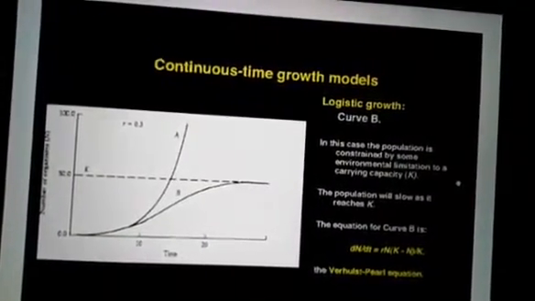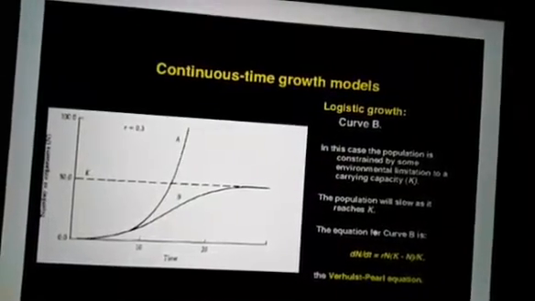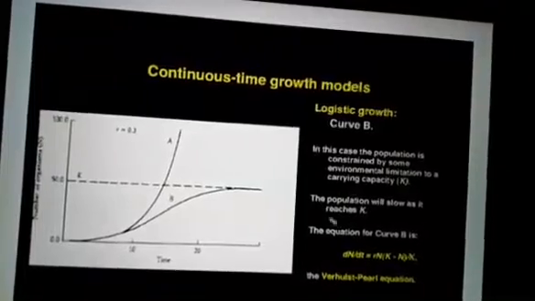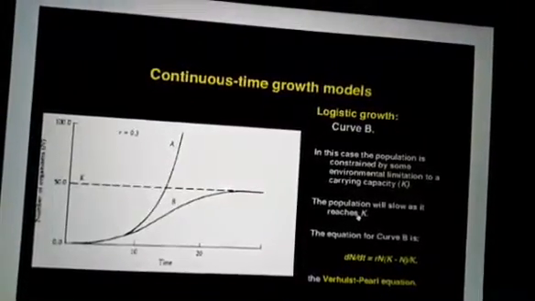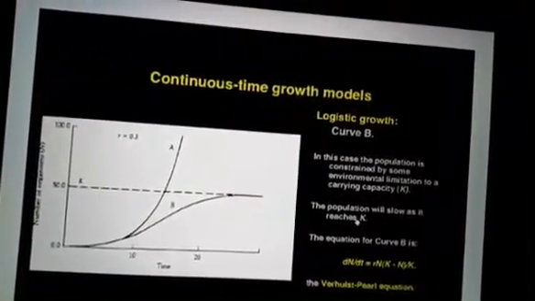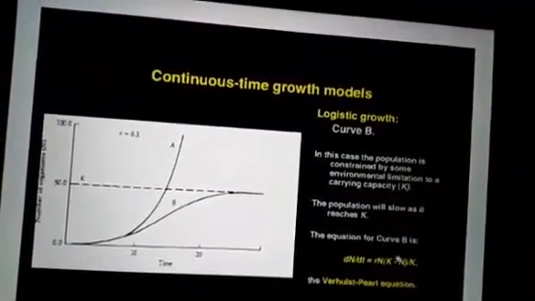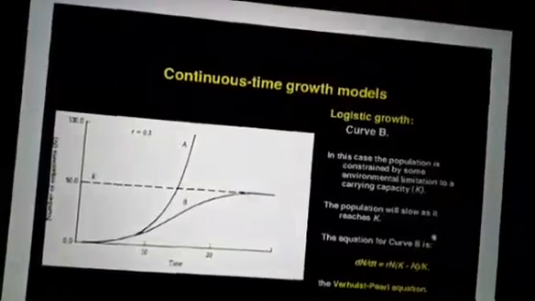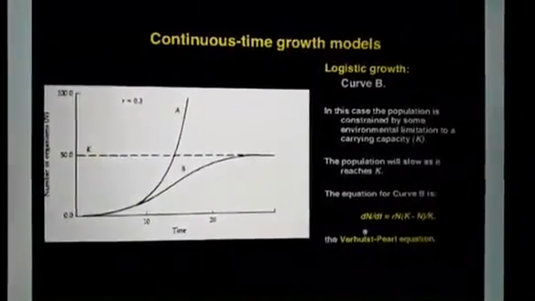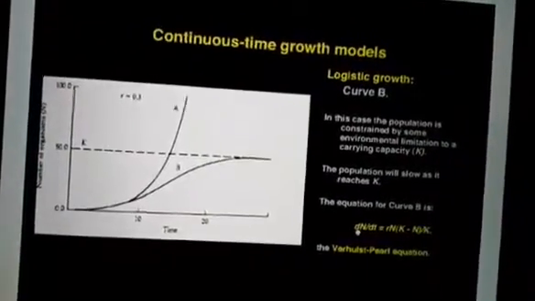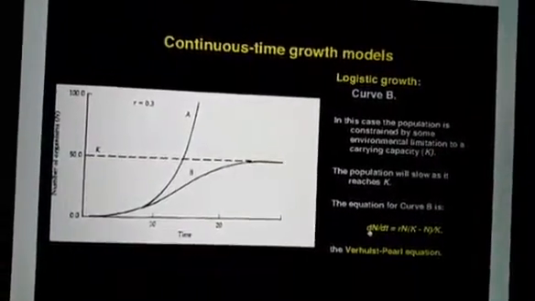And then you come to where you are calculating the population, because now you've got the rate, so you use dN/dt = rN, and that is your third equation. And then finally you come to equation 4, which is the Verhulst-Pearl equation.